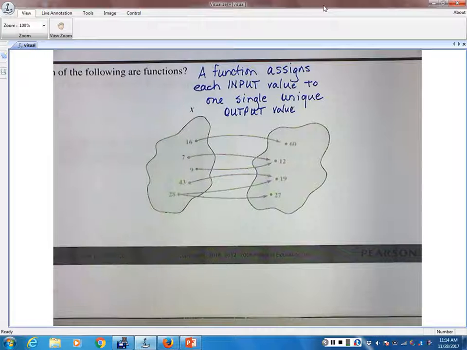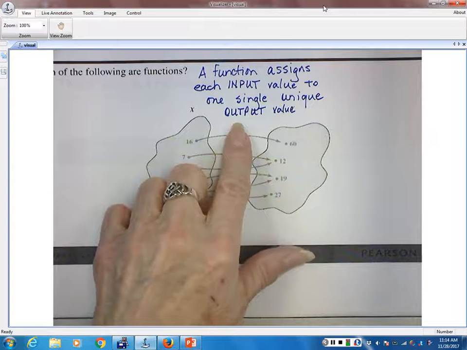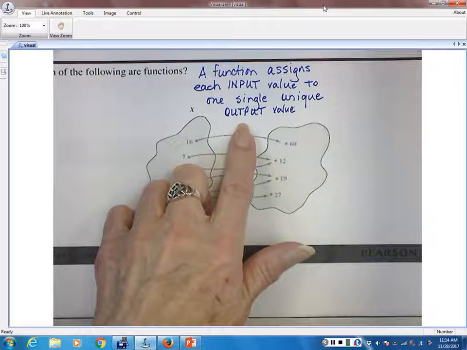So that's a good, short, succinct definition of how you know if something is a function. If you're going to memorize anything, memorize that and know what it means.